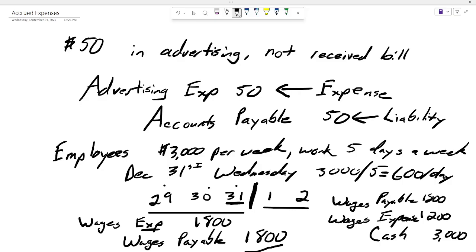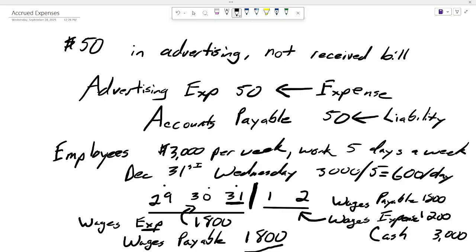Now, the whole purpose behind this is we need to make sure the expense is in the correct period or in the correct year. This $1,800, we said, that belongs in December, because that is when we used it. This expense over here, we say, belongs in January because, again, that is when we used the employee's time.